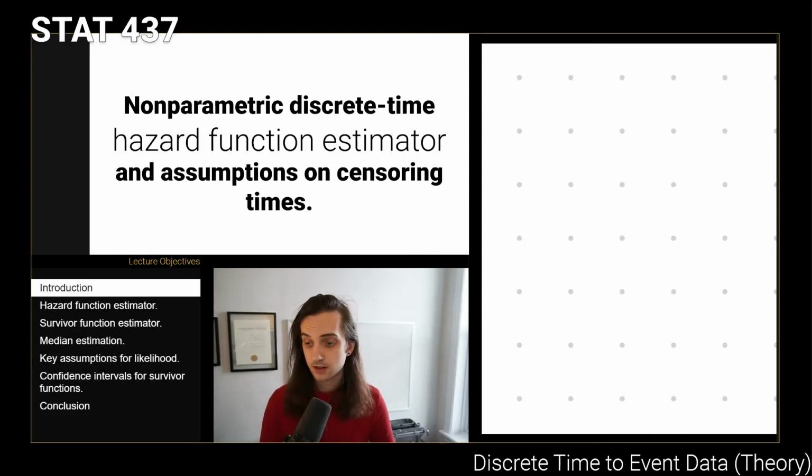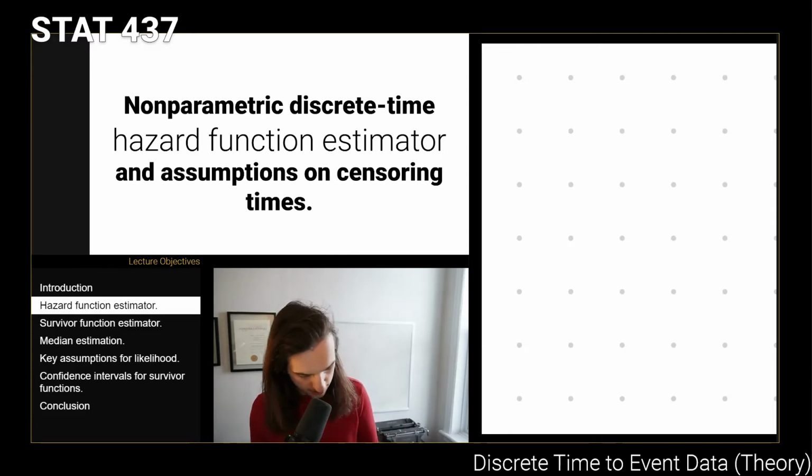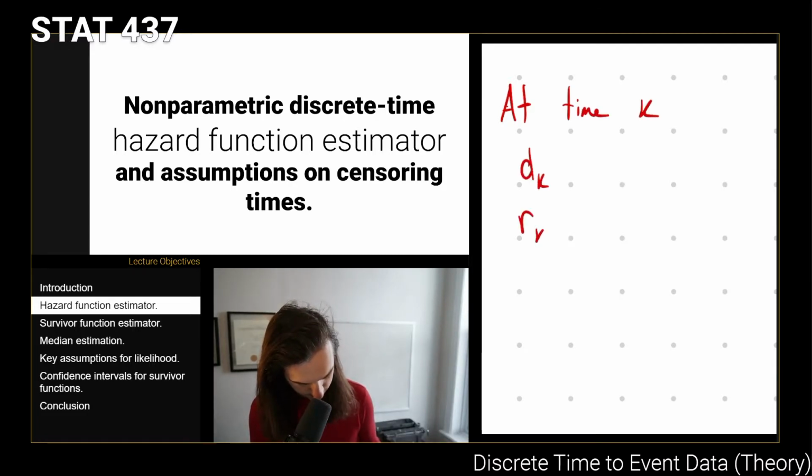The first thing that we want to start talking about today is this hazard function estimator and the assumptions that we're implicitly making regarding censoring time. So we saw this notation in the last lecture where at time k, we defined these quantities dk and rk. dk is the number of events that happen, and rk is the number at risk.